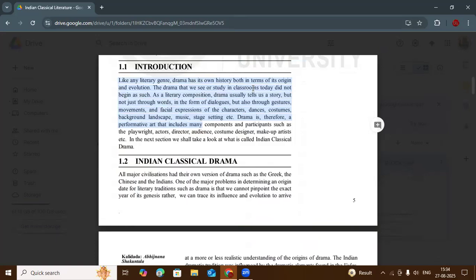You would have heard the term evolution in science class, human evolution, where from a unicellular organism, life evolved to multicellular and then continued to evolve. So, like that, drama also got evolved. We are going to study about its origin and also about its evolution.